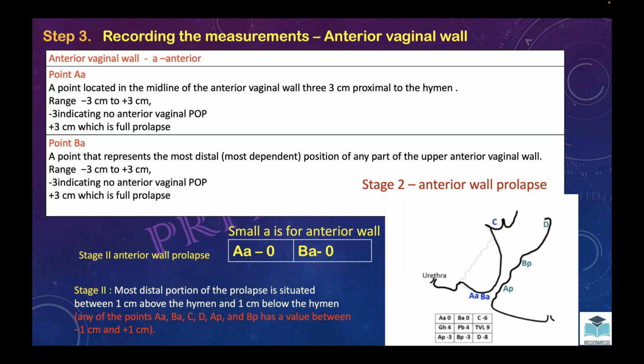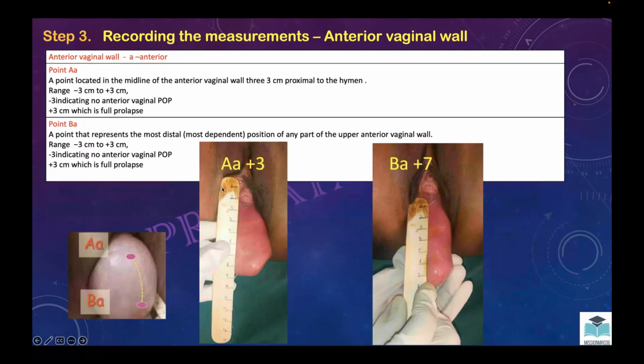Okay, let's move on. Now this is the pictorial representation. This will be the level of the hymen. If you see, a hymenal tag will be there. Point AA ideally should be inside.